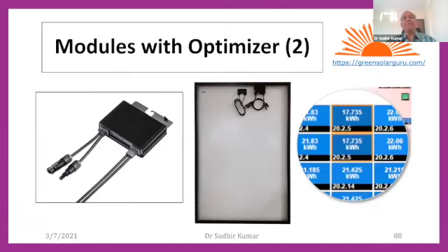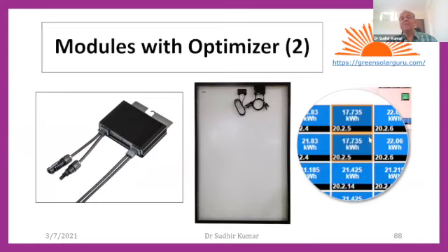You can see here, this is a very small thing, the optimizer. You just attach it on the back side of the module, and then it gives you everything, optimization and everything. You see, this is a picture taken of the computer screen. Each module's wattage is given here.